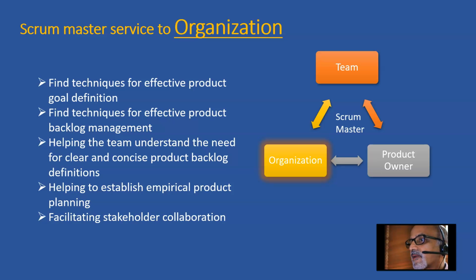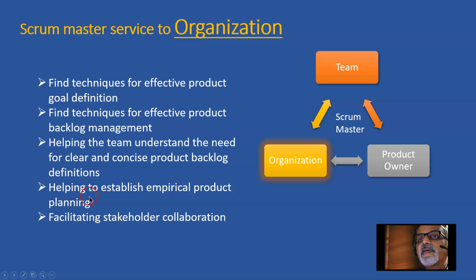Without absolute clarity on the requirements, the team should not agree to develop it. So that is very important. And as a Scrum Master, you will have to give the confidence, you have to mentor the team on these things.